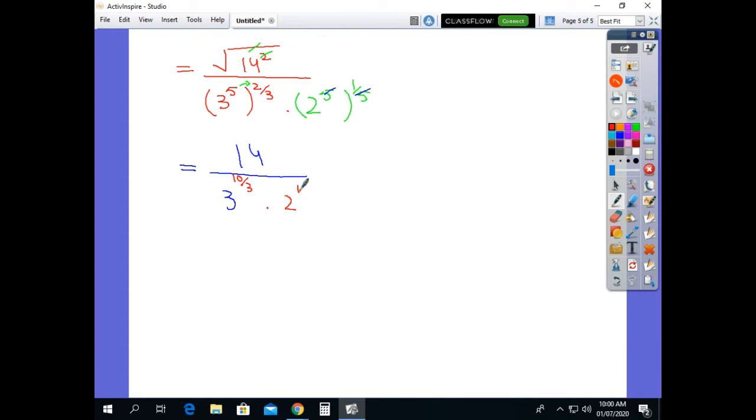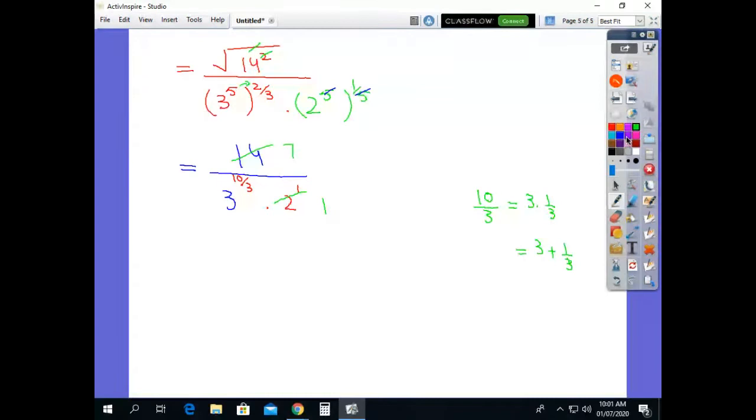After more simplification, if we divide 14 by 2, we have 7, and 10 by 3 after division becomes 3 whole 1 by 3, or we can write it as 3 plus 1 by 3.